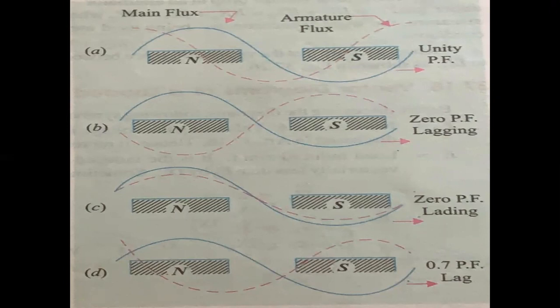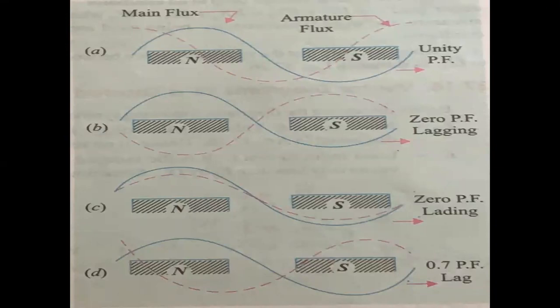And for lagging power factor, as you see in the figure, the armature flux will be moving back by 90 degrees lagging, right? It is directly opposed to the main flux. So actually the main flux will be decreased. So the armature reaction in this case is wholly demagnetizing.